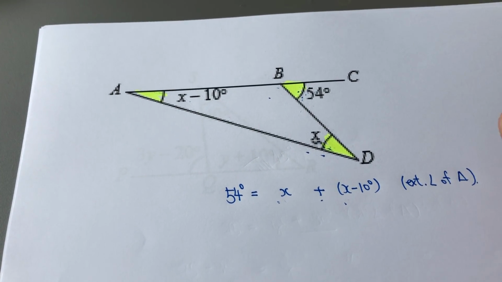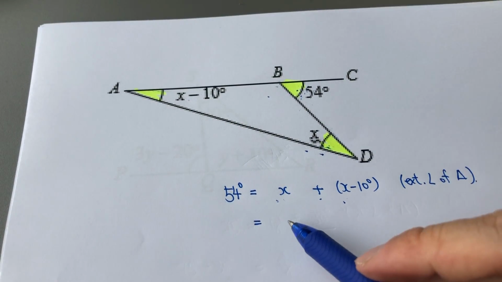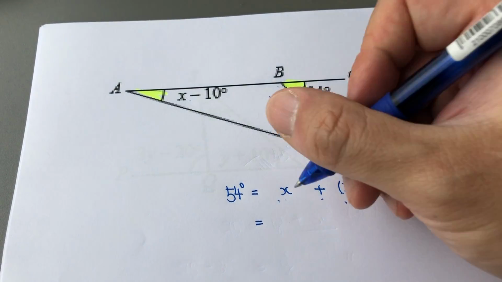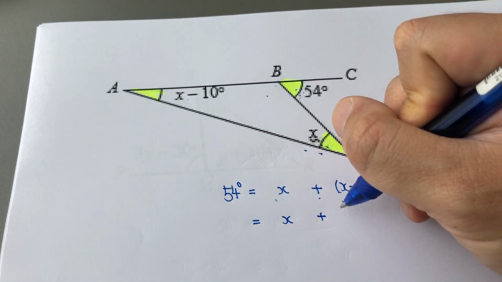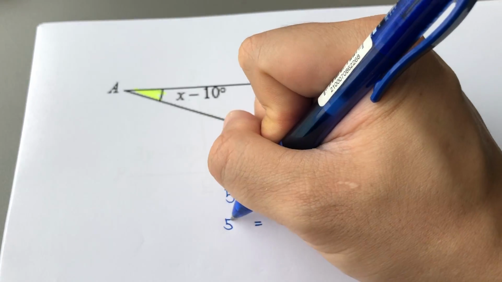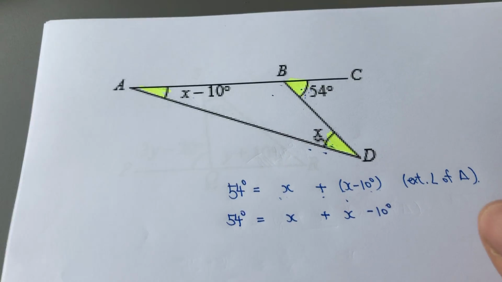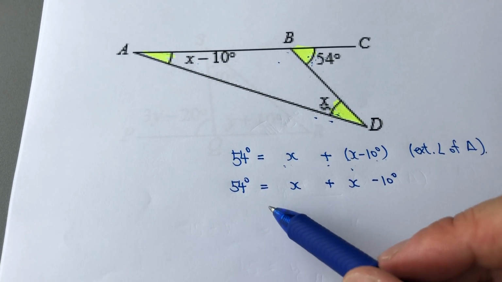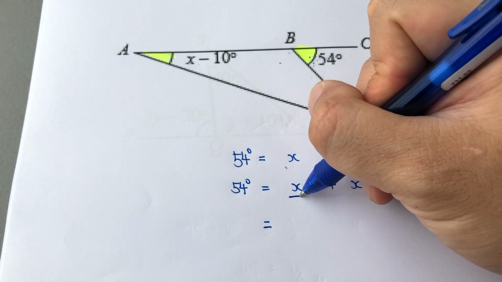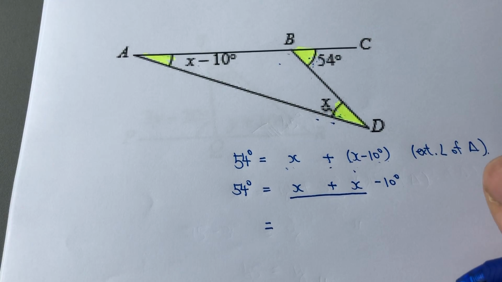Right? Now, let's try to simplify this situation. Let's just take out the bracket. It is a positive bracket, so we do not need to change anything: x and negative 10 degrees, 54 degrees. Okay? So is there any like terms that we could combine? What about x plus x? Do you think that we could add them up?